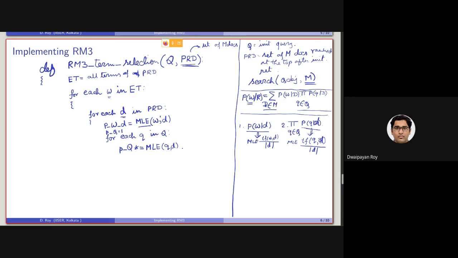At present PQ is containing this component and PWD is containing this component for a single document.